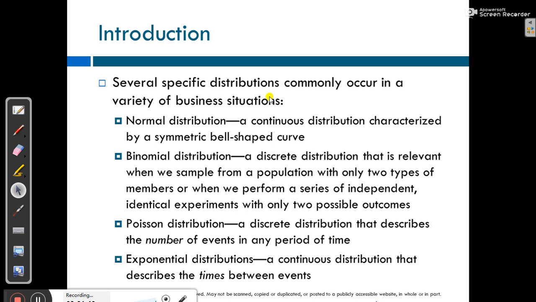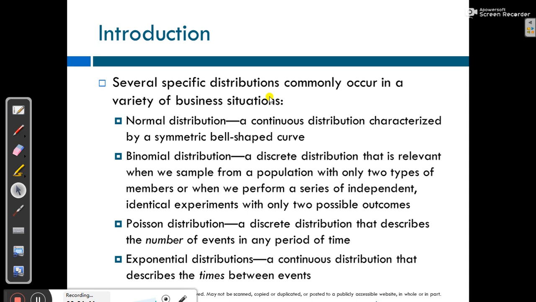So the first difference is that a normal distribution is a continuous distribution characterized by a symmetric bell-shaped curve, and binomial distribution is a discrete distribution that is relevant when we sample from a population with only two types of members, or when we perform a series of independent identical experiments with only two possible outcomes.